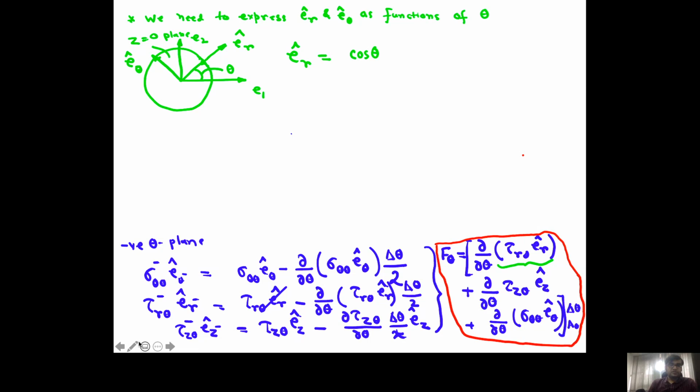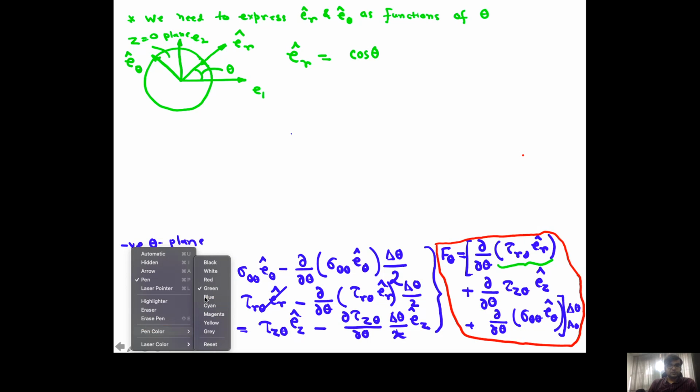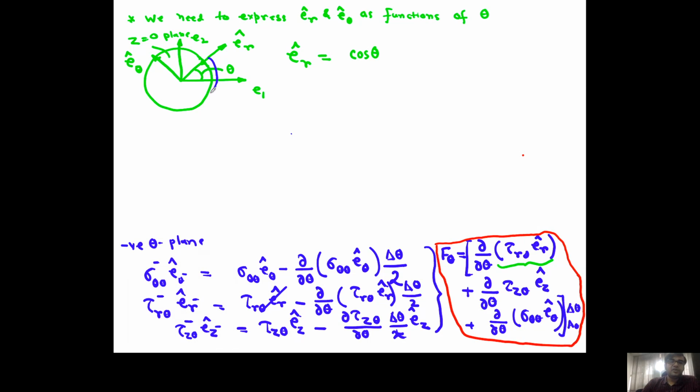Okay, let me change the color, and this angle, so cos theta plus cos of 360. So 360 will come here, and then you have to subtract this angle, which is 90 minus theta. So minus 90 minus theta.